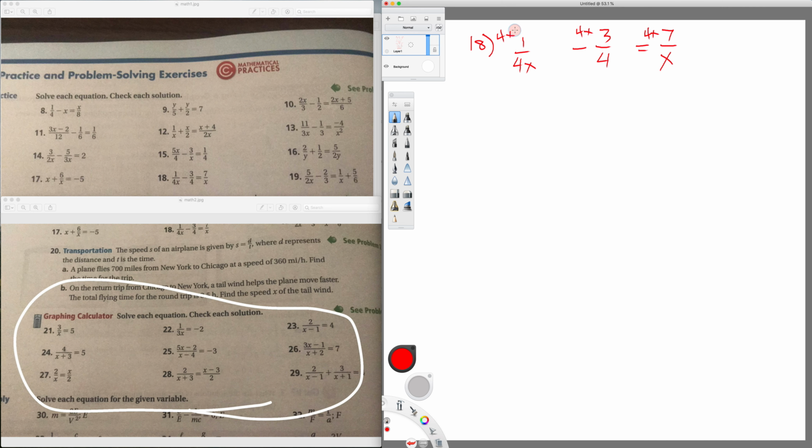And so the 4x's cancel, leaving a 1, minus the 4's cancel, leaving a 3x, so minus 3x, equals, and here the x cancels, and we end up with 4 times 7 is 28. I'm going to take away 1, and get negative 3x equals 27. Divide by negative 3, and I get x equals negative 9.